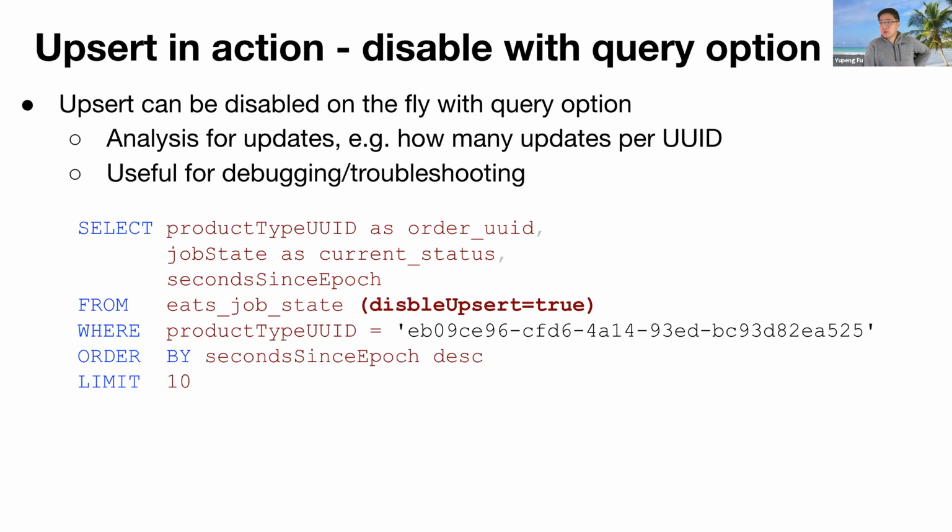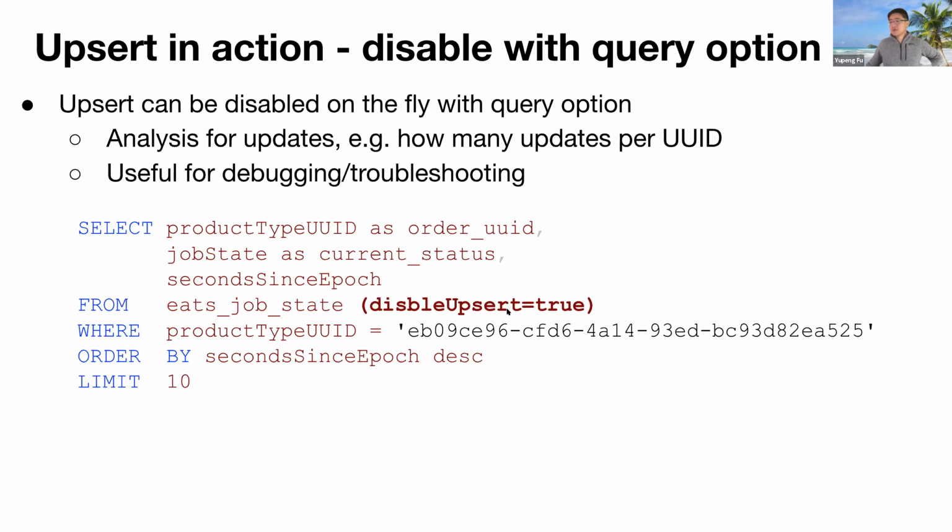That's why we are able to disable the Upsert when we want to. This can be done through a concept called query options, where you can attach this config to say disable Upsert. Then you still see the results as a normal table without the Upsert feature.